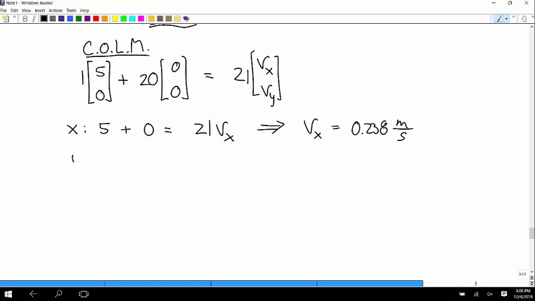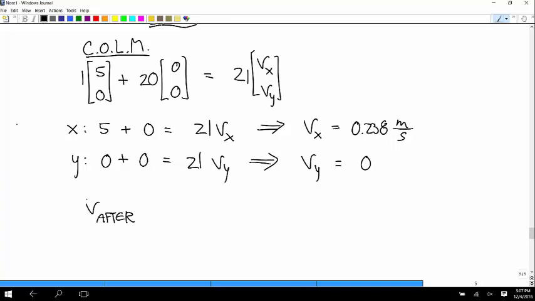And then the y equation says 0 plus 0 is equal to 21 Vy. Vy is 0. And so the velocity of the system after the collision is 0.2380 meters per second.